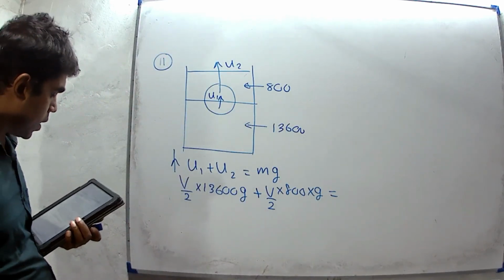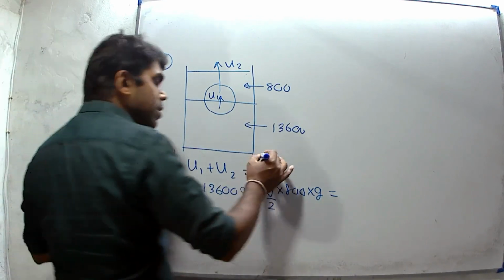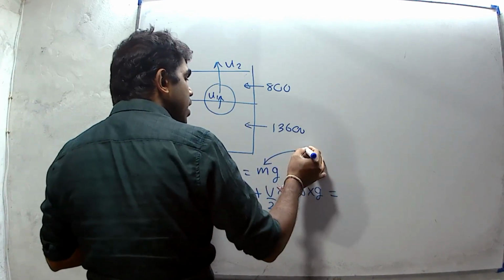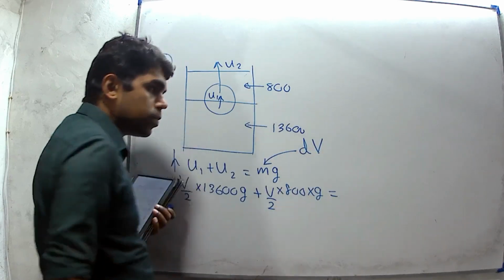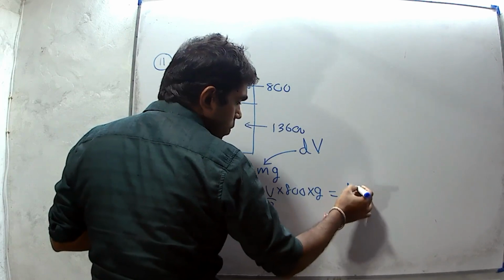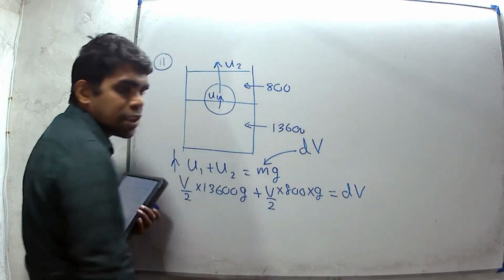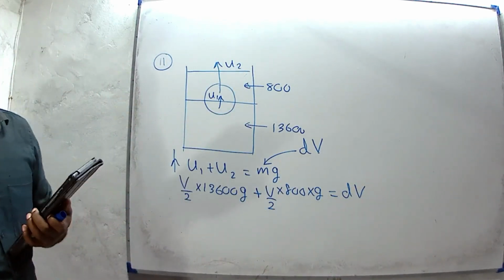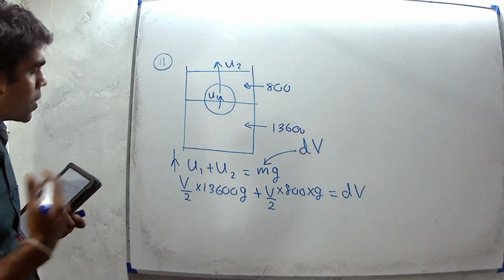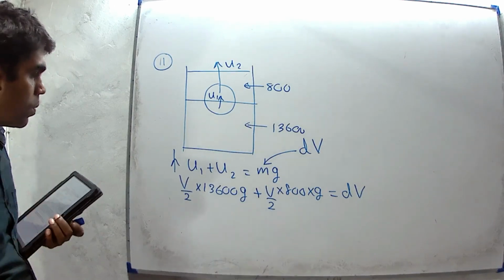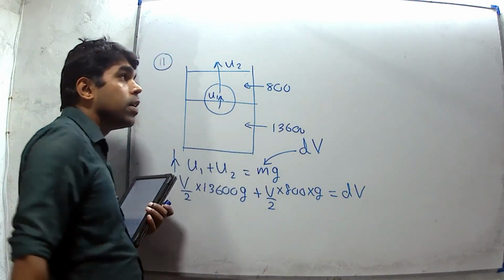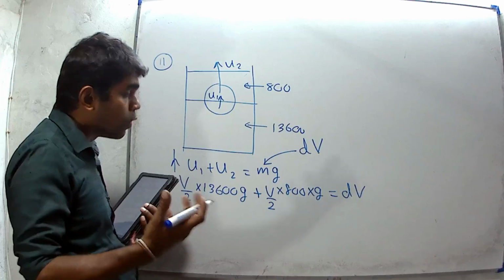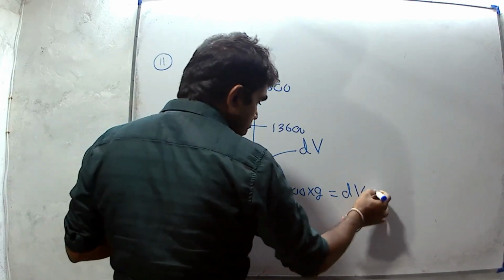Weight of the object. When writing mass, we can write it as density of object into volume. Now we have to consider total volume. When calculating upthrust, we have to consider immersed volume. But this is mass, so we substitute total volume into g.